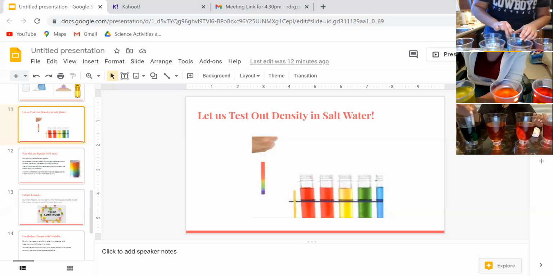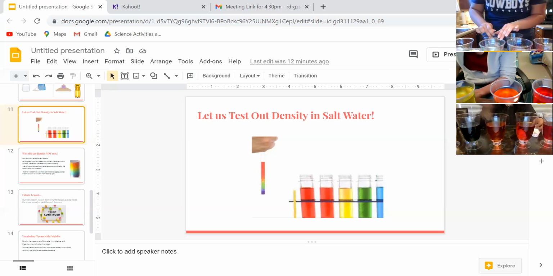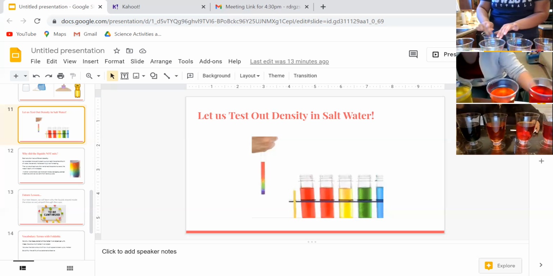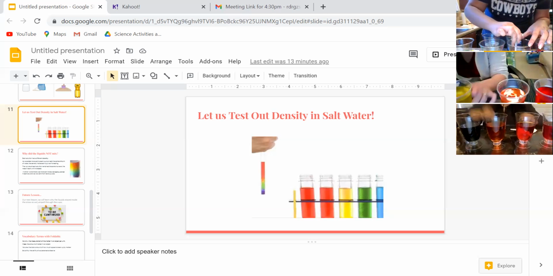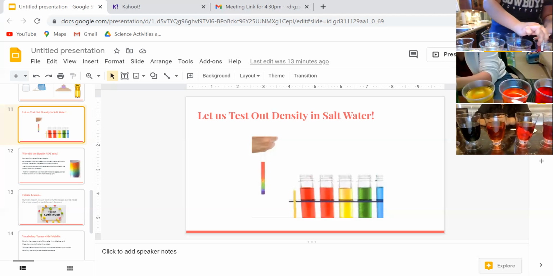I mean, it was harder to stir the more salt that was in there, and you saw more particles moving around. And so it became a little harder and the salt was dissolving because it's soluble, right? Good observation. Thank you, Allison.